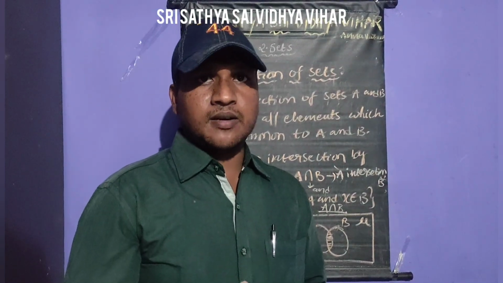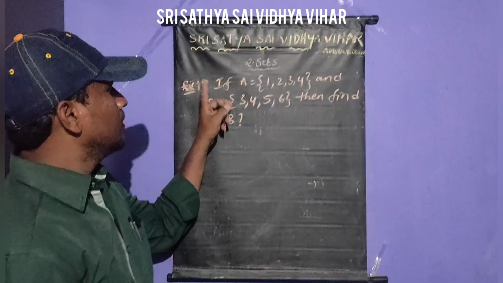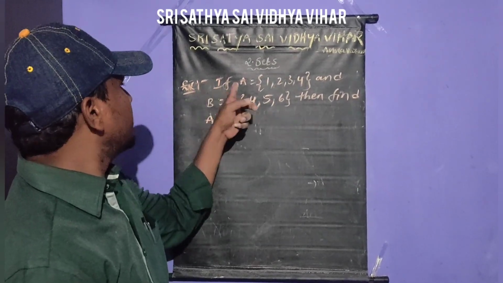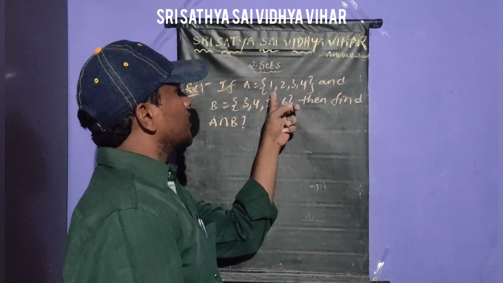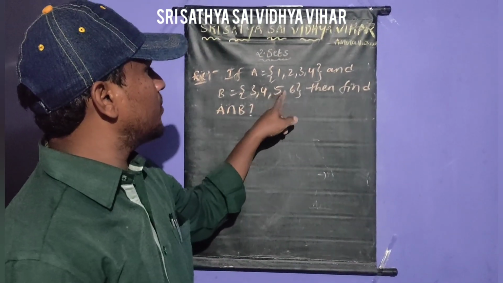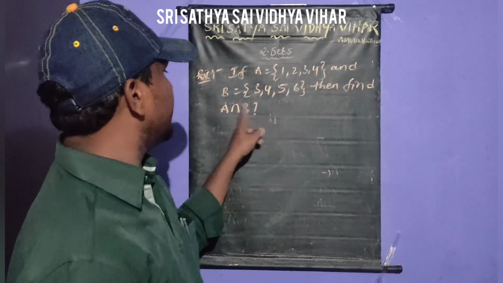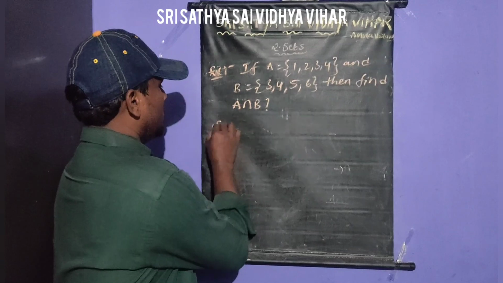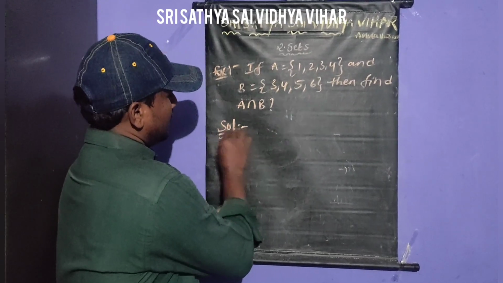Okay, for example, if A is equal to {1, 2, 3, 4} and B is equal to {3, 4, 5, 6}, then find A intersection B. Already we know A intersection B, we have to find out. What is given?